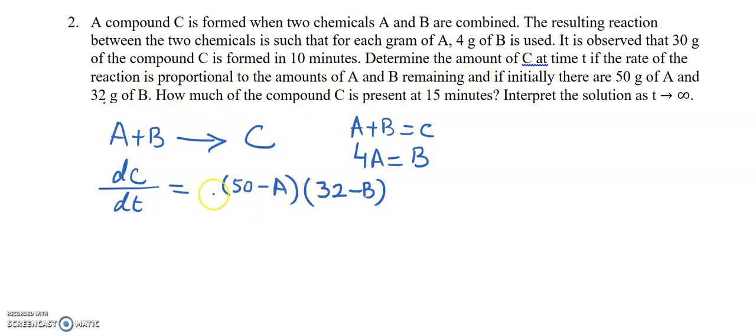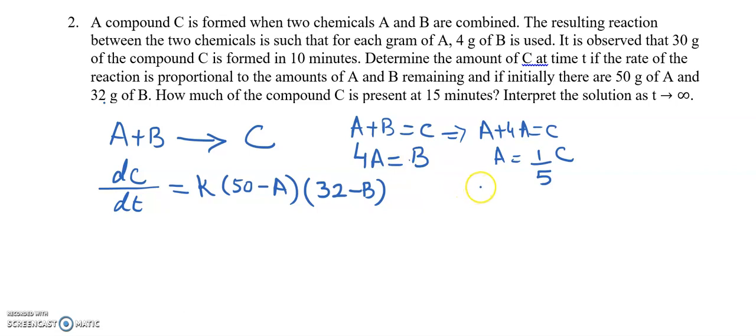Okay. So we can introduce a proportionality constant over here. So this is the differential equation. So we can solve this differential equation to find the value of C. But here A and B are two variables. So from this equation, we can see that A plus B is equal to C and 4A is equal to B. So if we put B is equal to 4A in this equation, A plus 4A is equal to C. So it means that A will be equal to 1 by 5 of C. Okay.